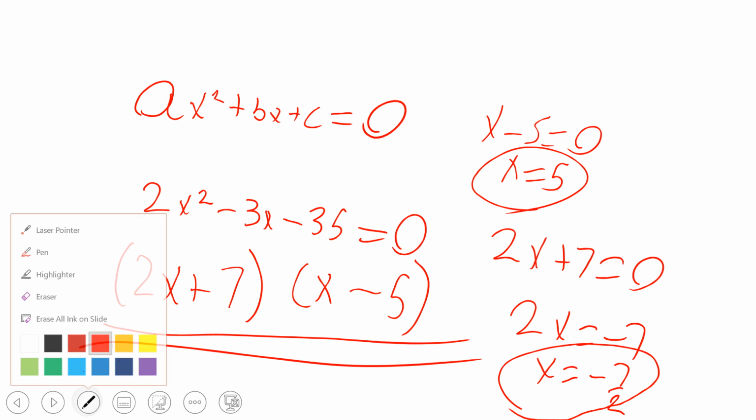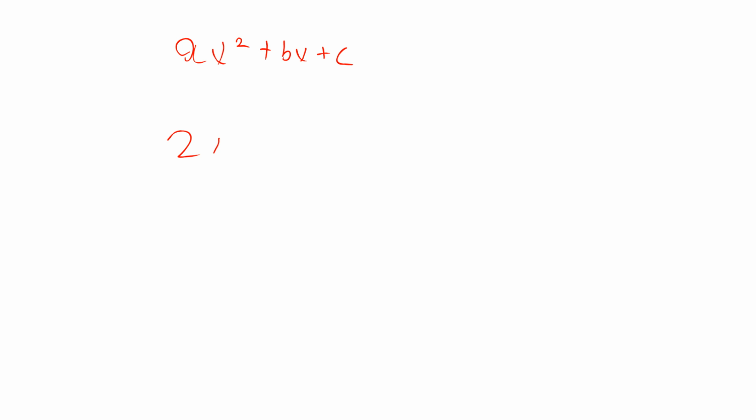Now, here's what we actually do when we have a quadratic of the form ax squared plus bx plus c. I'm going to use the same example. We're not going to solve it again, but we're going to factor it again.